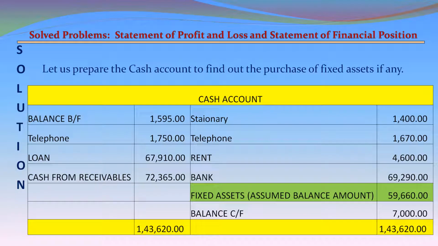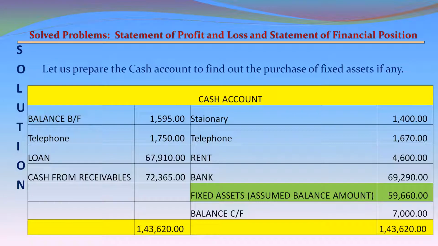Let us prepare the cash account to find out the purchase of fixed assets, if any. Cash account. On the debit side, balance brought forward 1,595. Telephone 1,750. Loan 67,910. Cash from receivables 72,365. On the credit side, payment for stationery 1,400. Telephone 1,670.